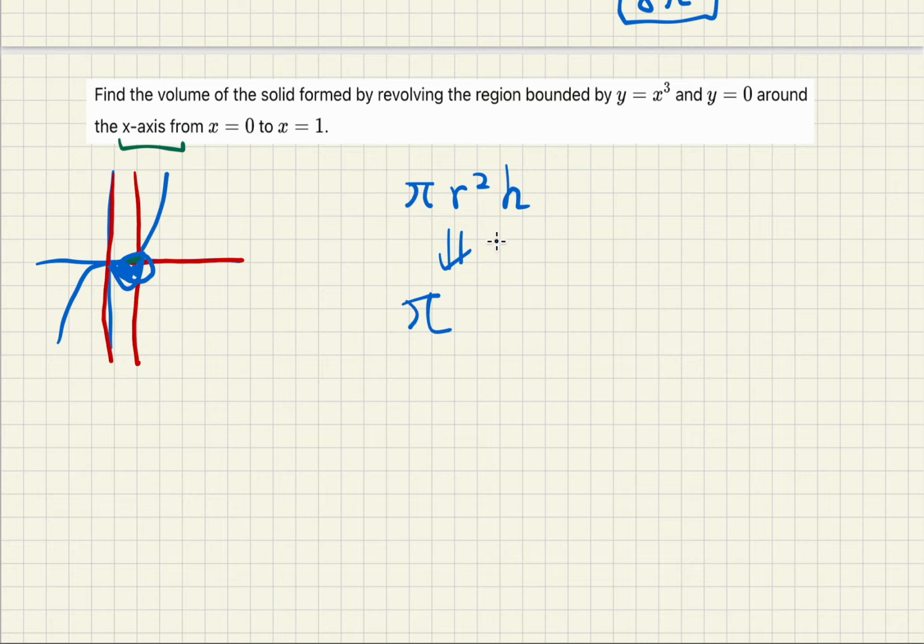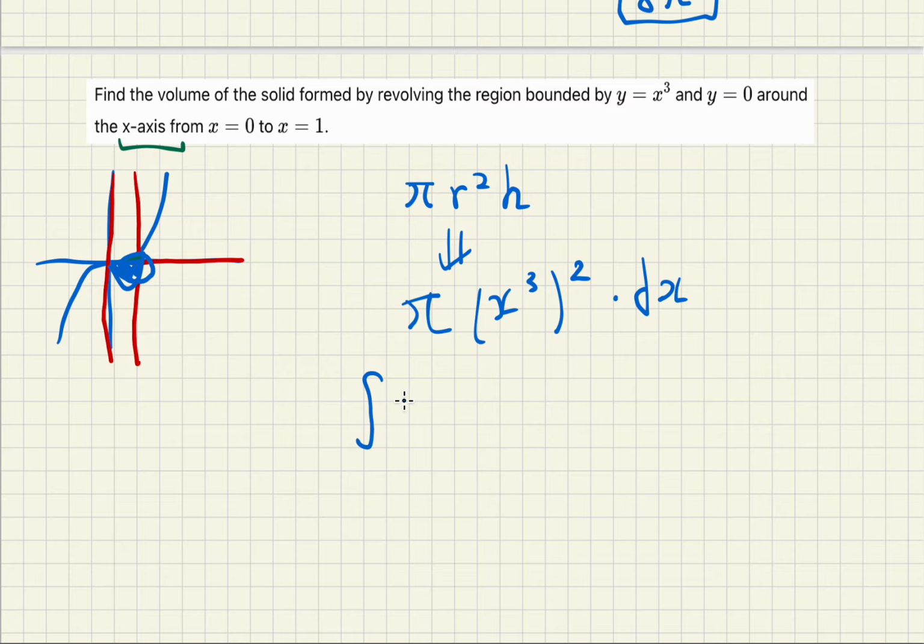In this case, r is x cubed. Don't forget to square it, because this is just the radius, and the radius squared is what the formula asks us for. And now h we can turn into dx, because it's infinitesimally small pieces, and so dx is one of those pieces.